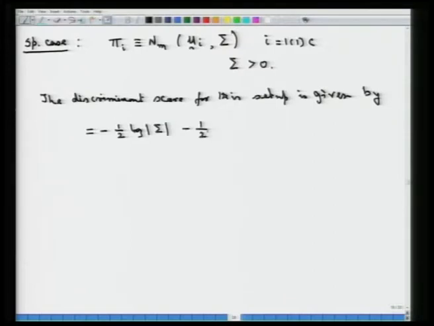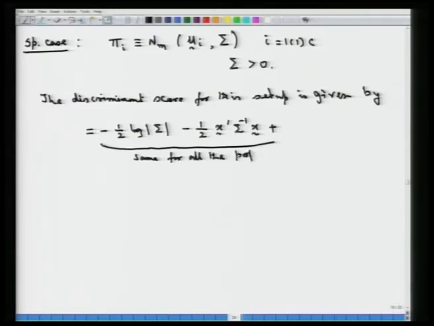Then if we split up that quadratic term, we will see that there is a term x transpose sigma inverse x, which does not vary from population to population, because the sigma matrix is the same for us, and hence this entire quantity is going to be the same for all the populations.